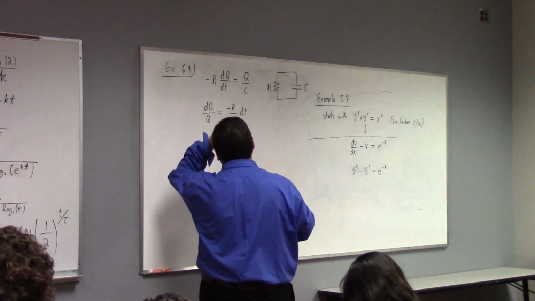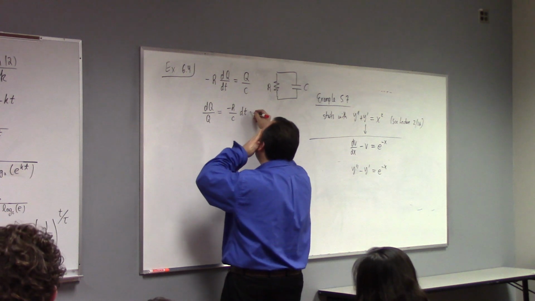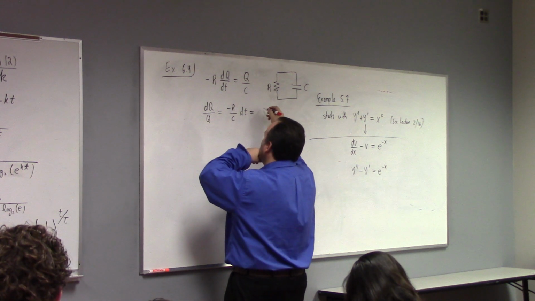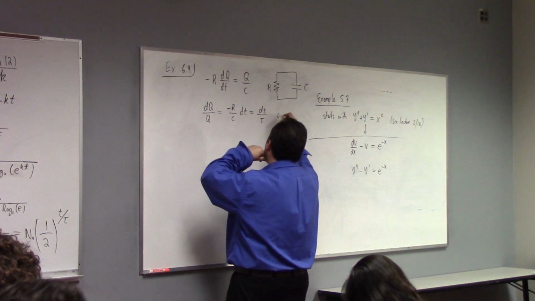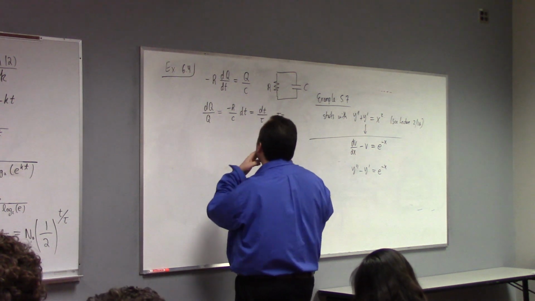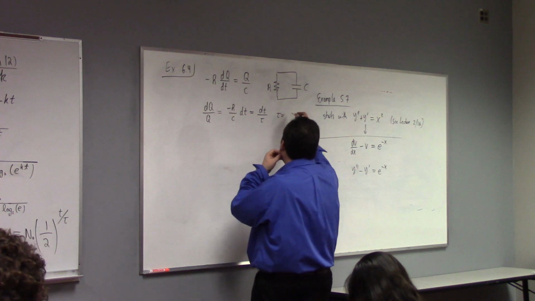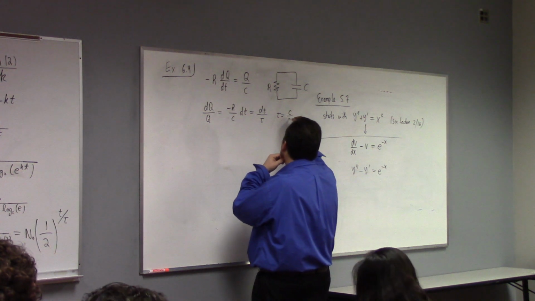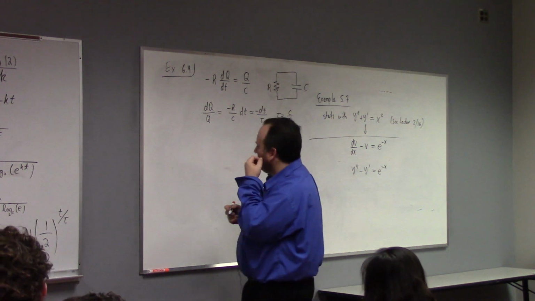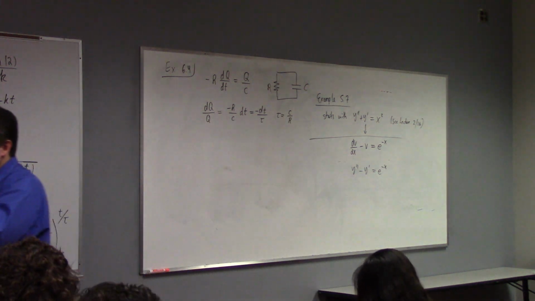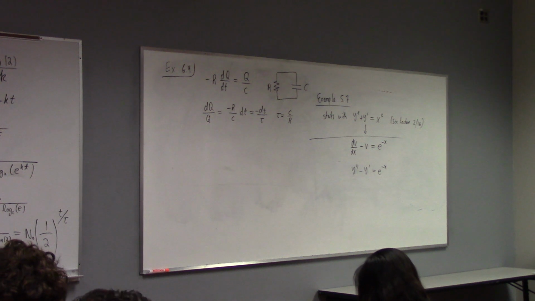And if I remember right, we could just call that dt over tau, where tau is equal to C over R. Is that right? There's a minus here. Is that right, though? I don't remember. I remember RC for the time constant.